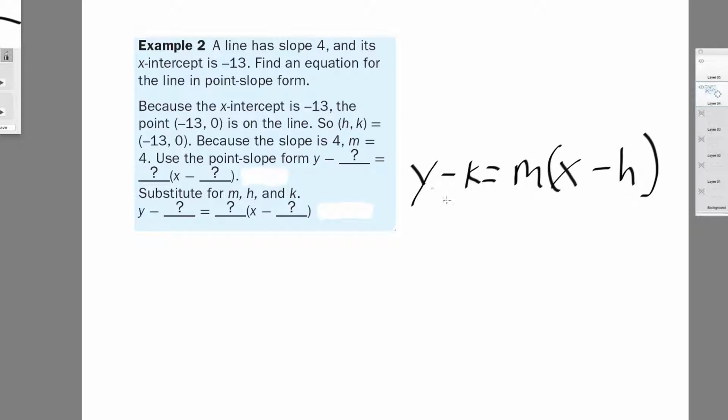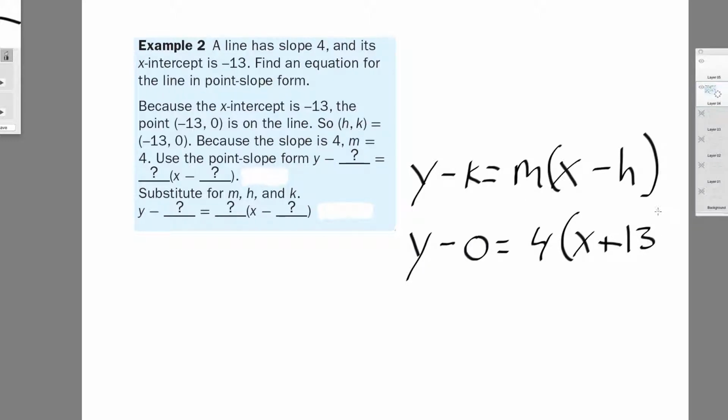So that would be y, what's k? K was 0. So y minus 0 equals the slope 4 times x minus h. H was a negative 13. So minus a negative 13 is going to be plus 13. Remember, minus a minus is a plus.